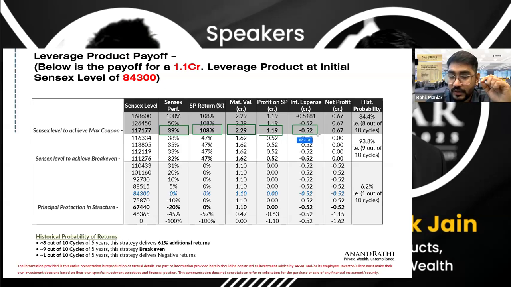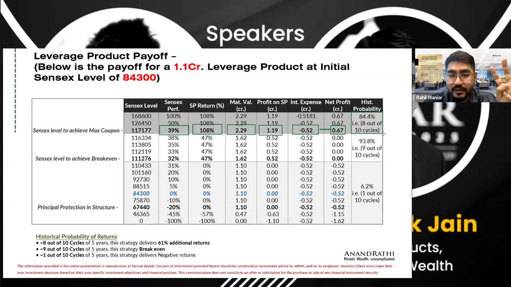The cost works out to be 52 lakhs over a period of 5 years, cumulative cost. Even after excluding that cost, what you take back home for free, the additional return you end up making, is about 67 lakh rupees. What are the odds of you making that 67 lakh rupees? The odds are 84%. That's the best case scenario of this strategy.